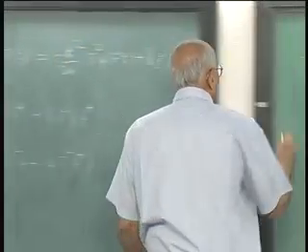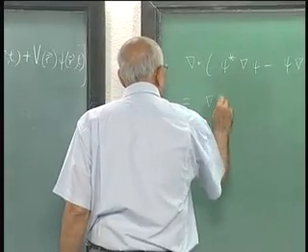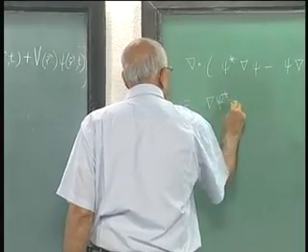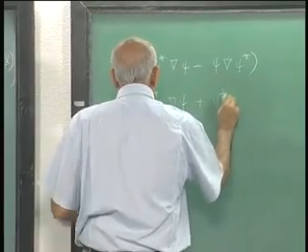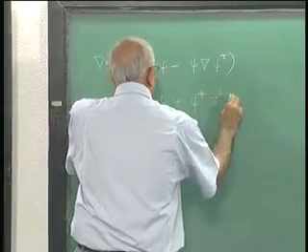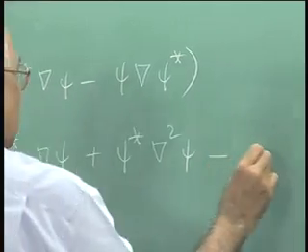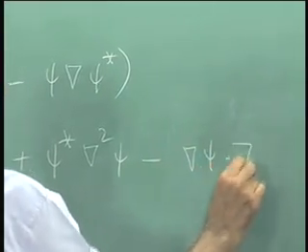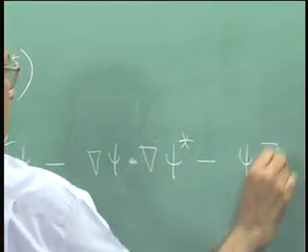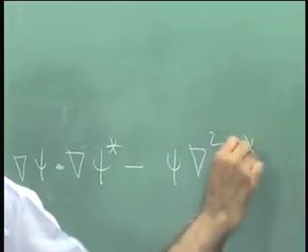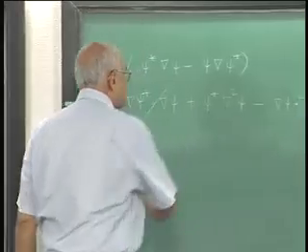So that gives you, this is equal to del psi star dotted with del psi plus psi star del dot del, which is del squared, on psi, and then minus grad psi dot grad psi star minus psi del squared psi star, and of course the cross term cancels out.